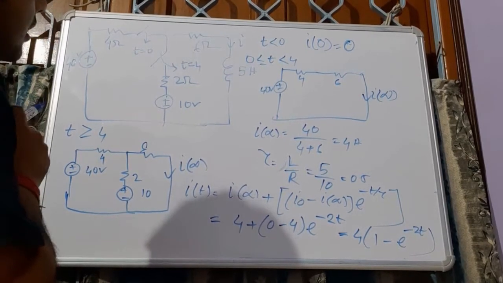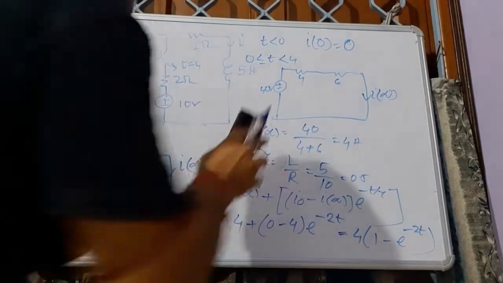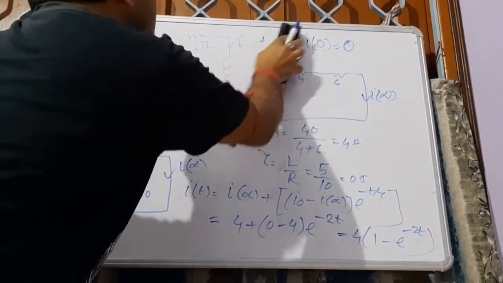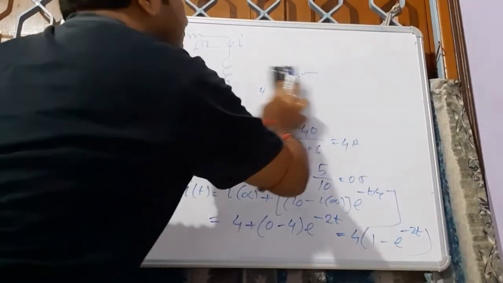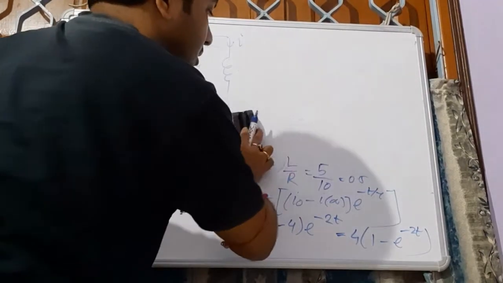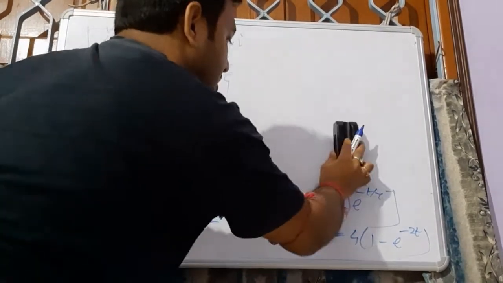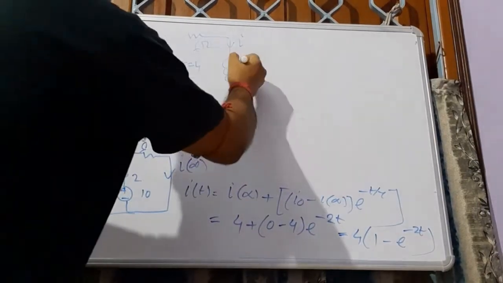Now I have to erase some part. Now this is 5 Henry.